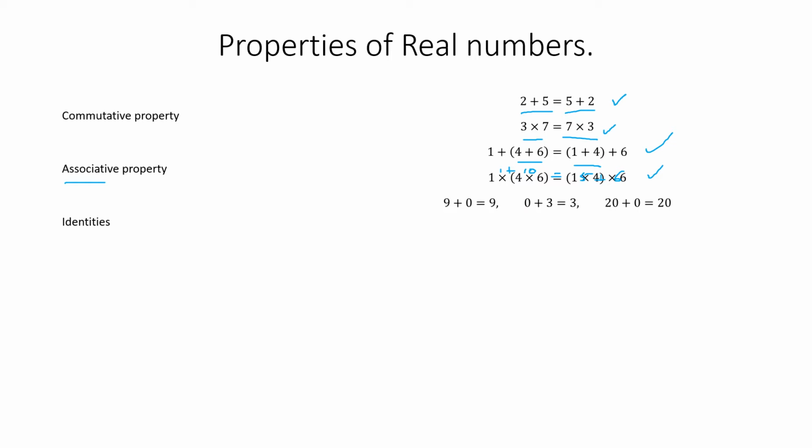Identities are the numbers which we add with any real number and which bring us the same value. So look, 9 plus 0, 3 plus 0, again we get the same. So 0 we call the additive identity. 0 is added with any number, again that number comes out.